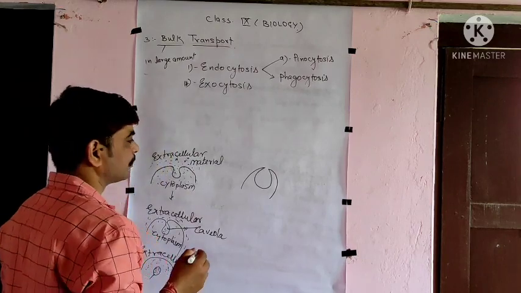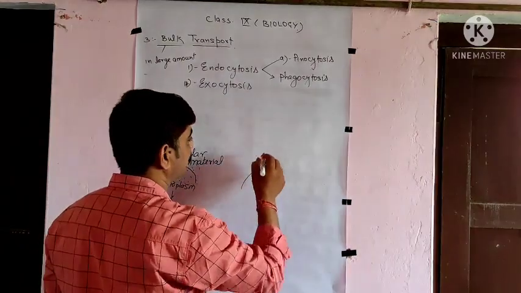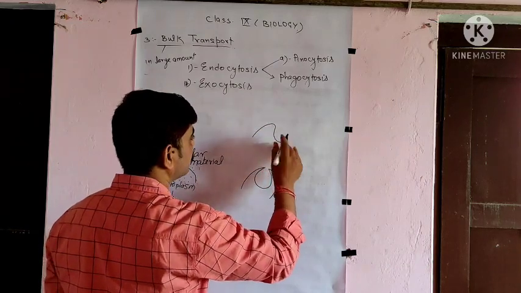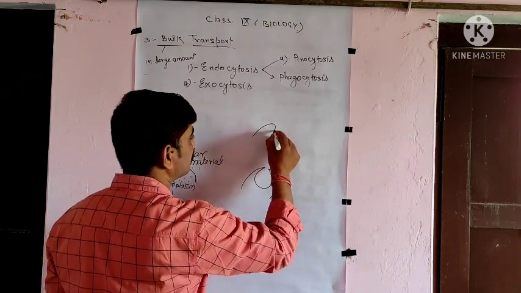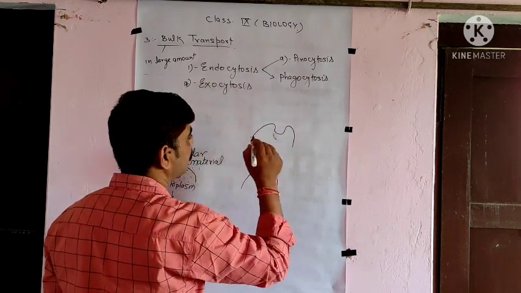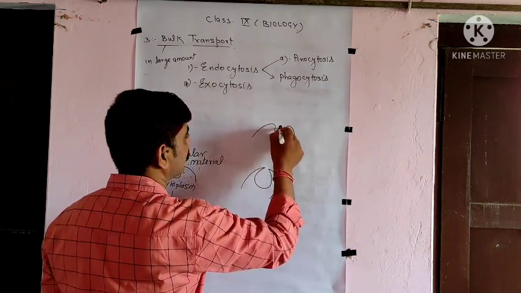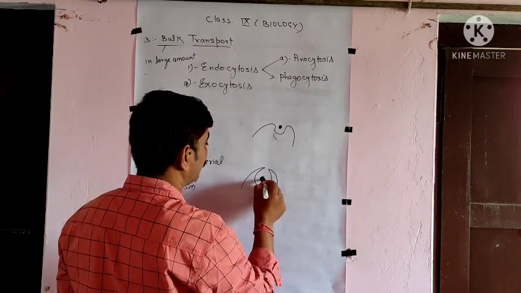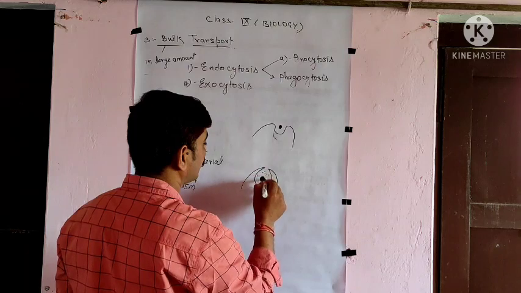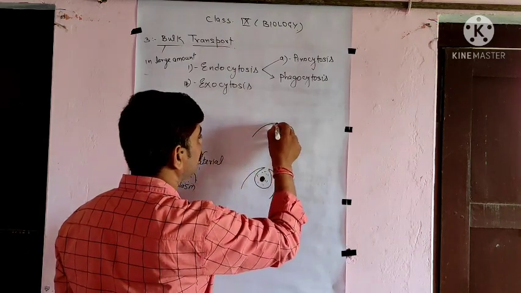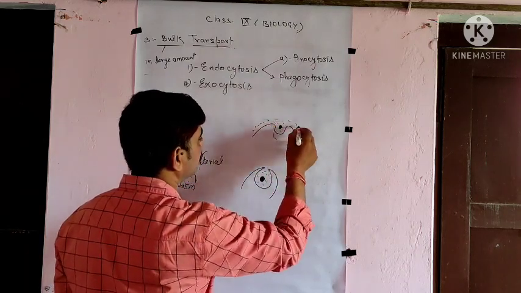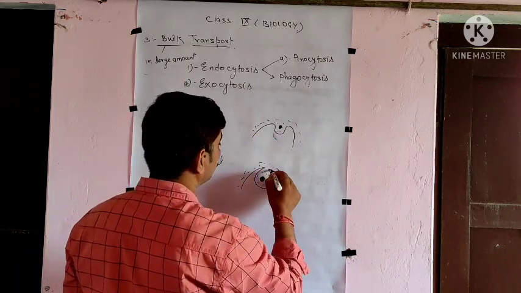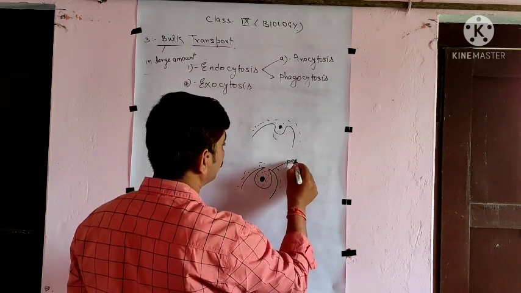Okay, in this way, whenever a food particle comes in contact with amoeba, whenever it senses the solid food particle around it, it will cover it from all the sides, and later on these structures, as you know, are called pseudopodia.